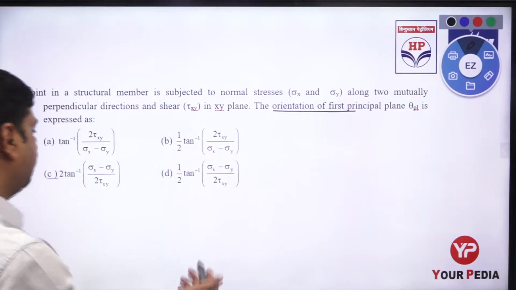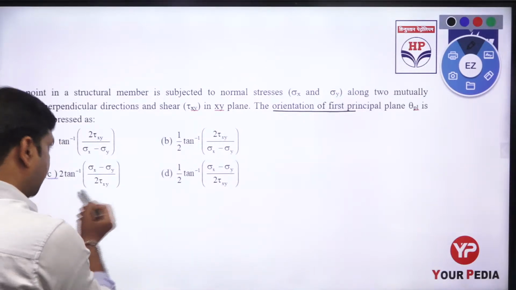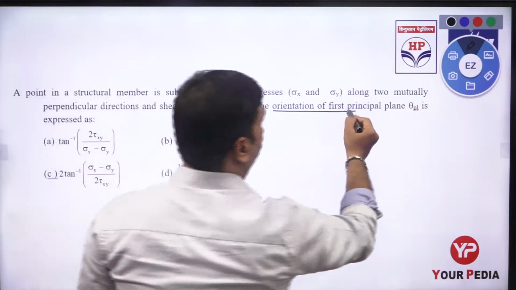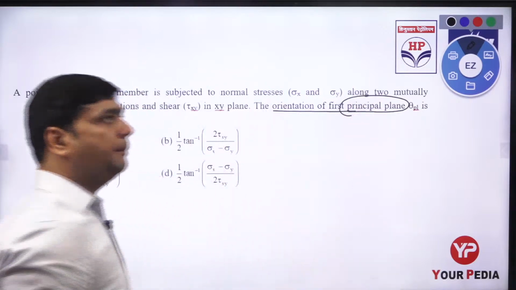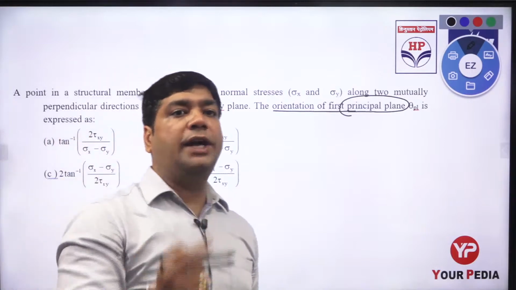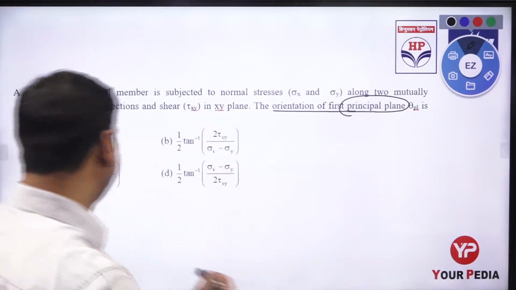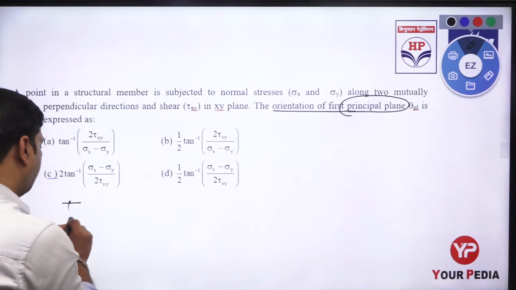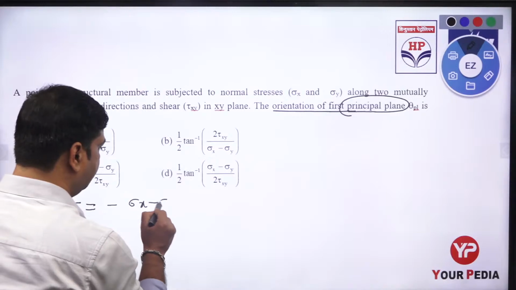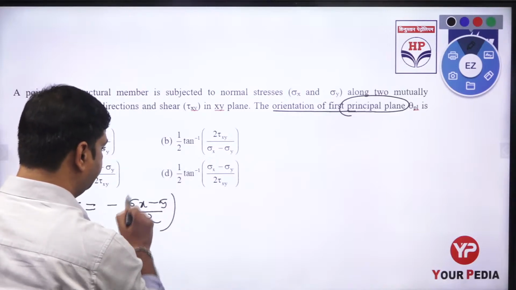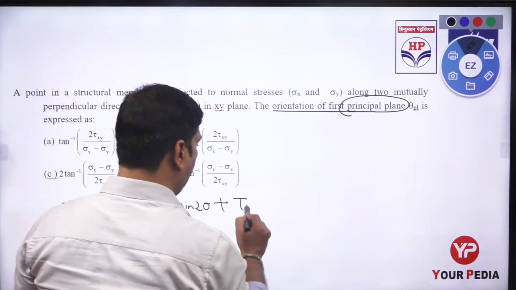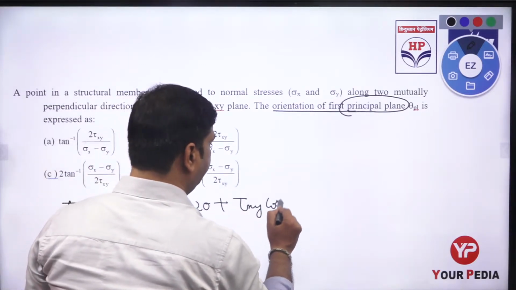It is asking about the principal plane. As I know, a plane is said to be a principal plane when the shear stress is equal to 0. The shear stress formula is sigma x minus sigma y divided by 2 sine 2 theta plus tau xy cos 2 theta.